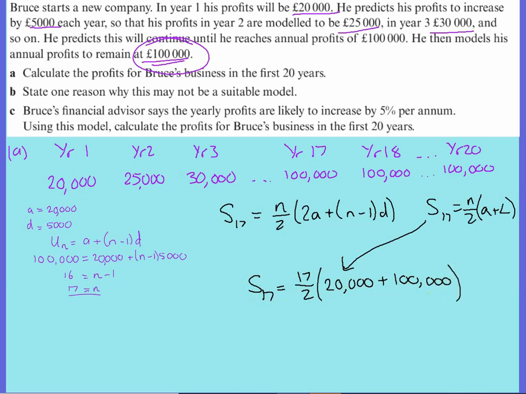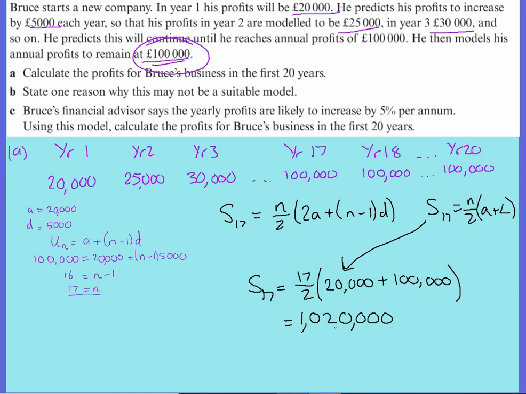And when we work this out, let's just type it in my calculator. We get 1,020,000. So just double check that. Yeah, okay. And when I'm putting my commas in, I just work from the back every three. So that's 1,020,000.